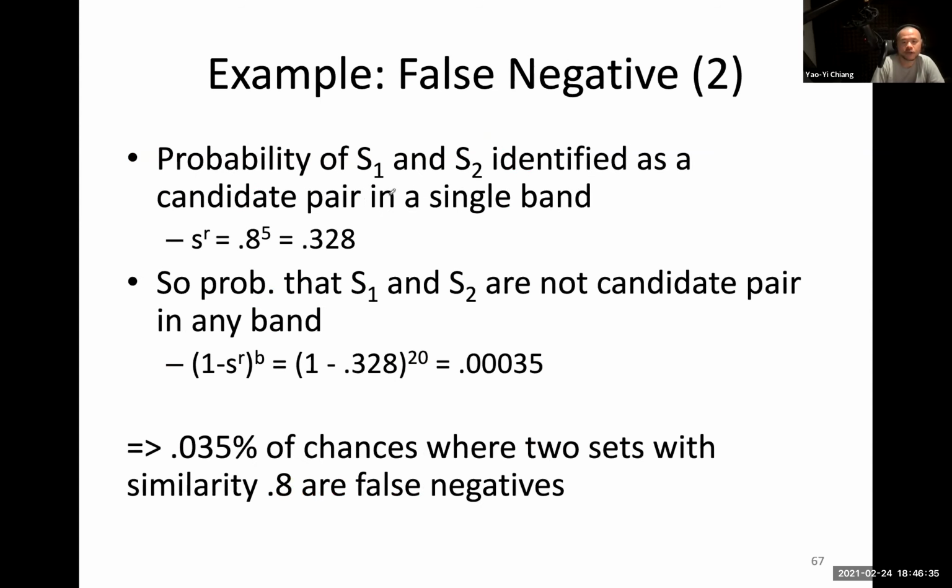The probability of them identified as a candidate pair in a single band is this, right? R is 5, and the Jaccard similarity between two documents is 0.8, so it's 0.328. The probability of them not being candidate pairs in any band is a very small value, because not only do you have to consider one band, you have to consider all the bands, right? Remember our probability function, this function.